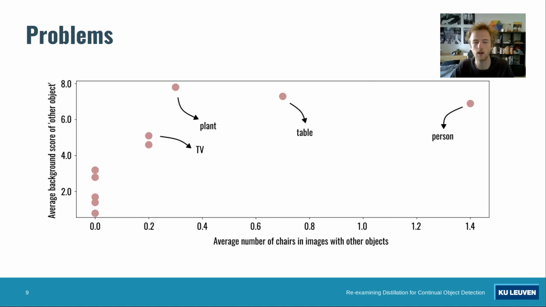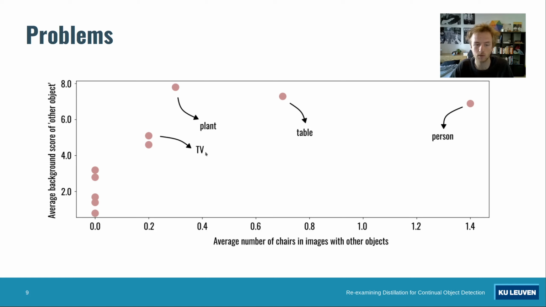And if you look at how high these scores are from the teacher model, the wrong scores, we see that they highly correlate with how often they were present in other images from the former task. Here we see the example of how often these objects occur in images with chairs, which is also an object that is in the first task.